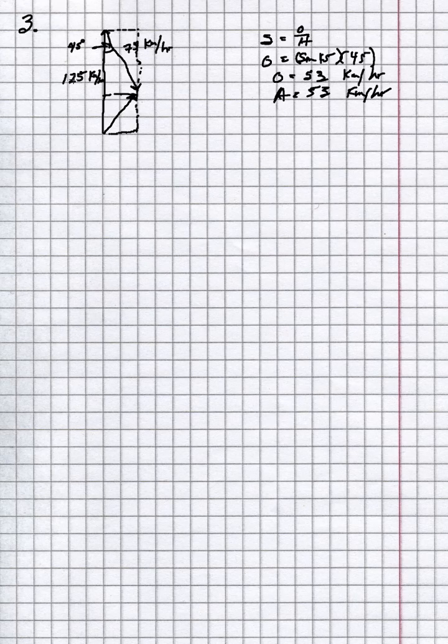But what's changed is our northerly velocity, and so we're still going to do that the same way. We're going to take the 125 minus 53, but this is going to give us a significantly smaller side here. So we get 72 kilometers per hour for this side of our triangle. So this one's 72, this one's 53.